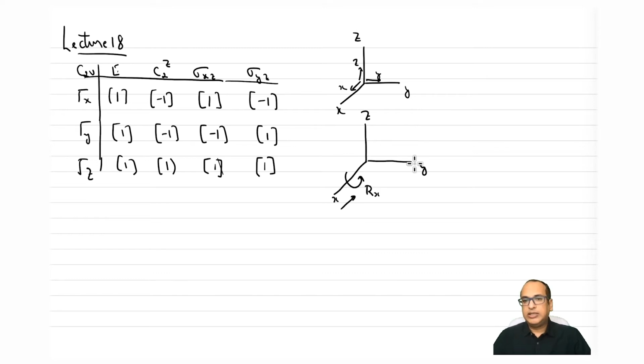Similarly, sense of rotation of y-axis is taken as Ry vector, and again it is anti-clockwise when I'm looking from positive side of the y-axis towards origin. And similarly for z, so I'm looking from this side, so it appears as anti-clockwise. So these are also vectors which will be needed later on. So we'll see how various transformations look like under Rx, Ry, and Rz as the basis set. Okay, this is Rz.